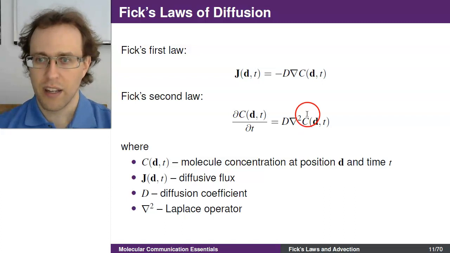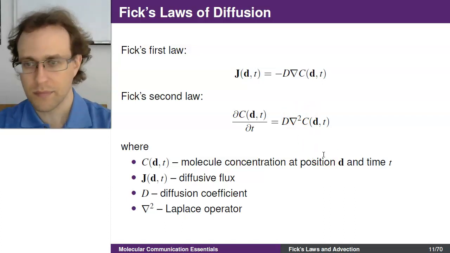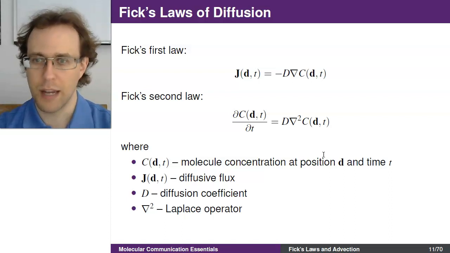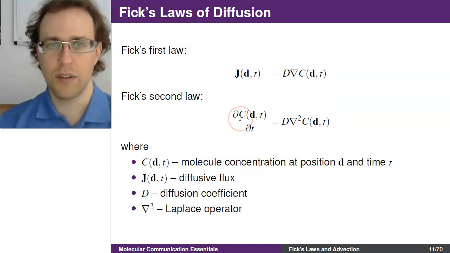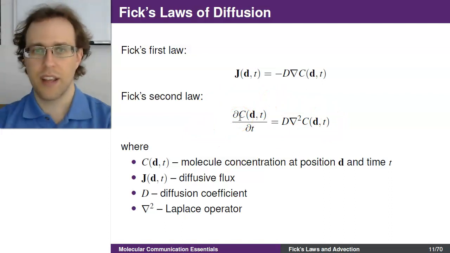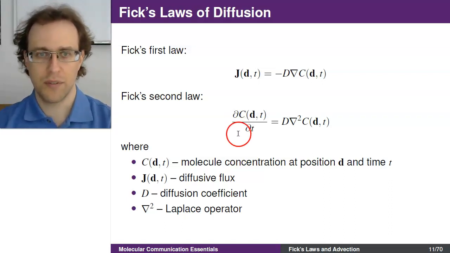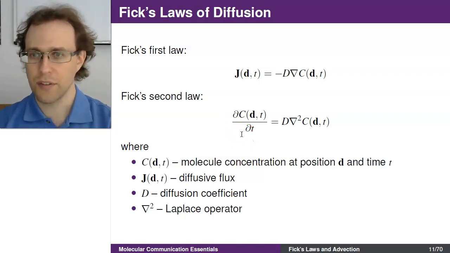So this symbol here is equivalent to a second-order derivative with respect to x plus a second-order derivative with respect to y plus a second-order derivative with respect to z. But essentially, this expression, Fick's law, can be used as a starting point for a lot of the deterministic expressions that have been developed and which are used in molecular communication research.